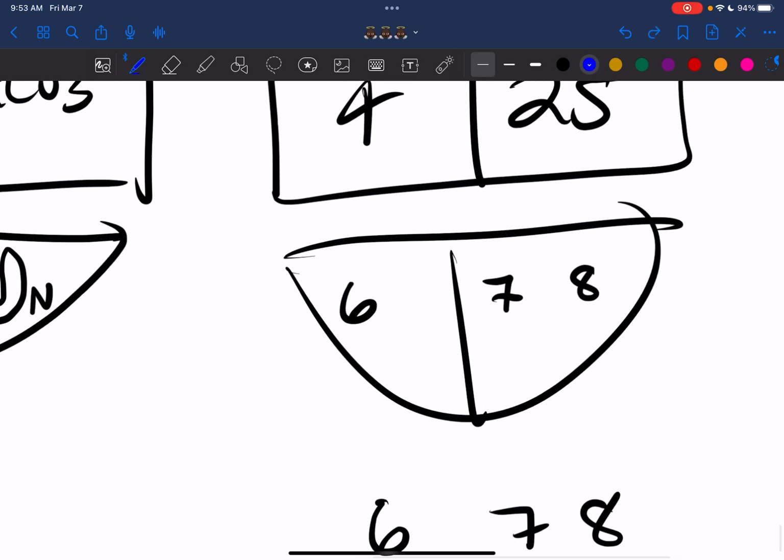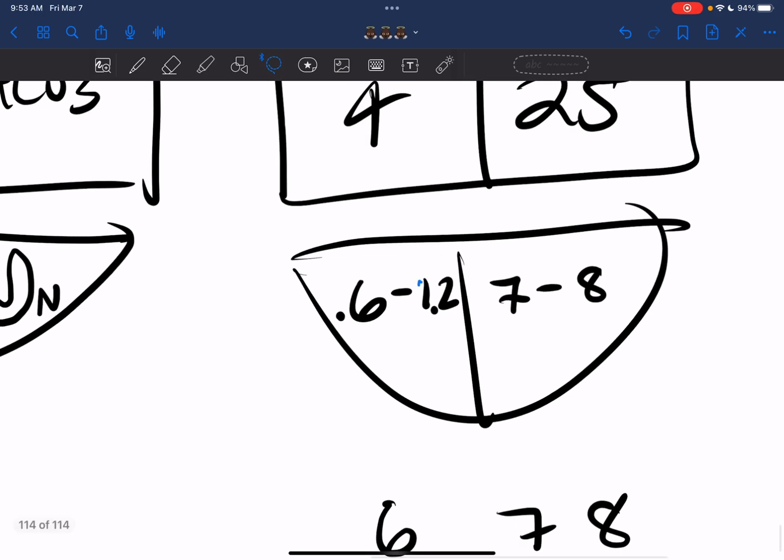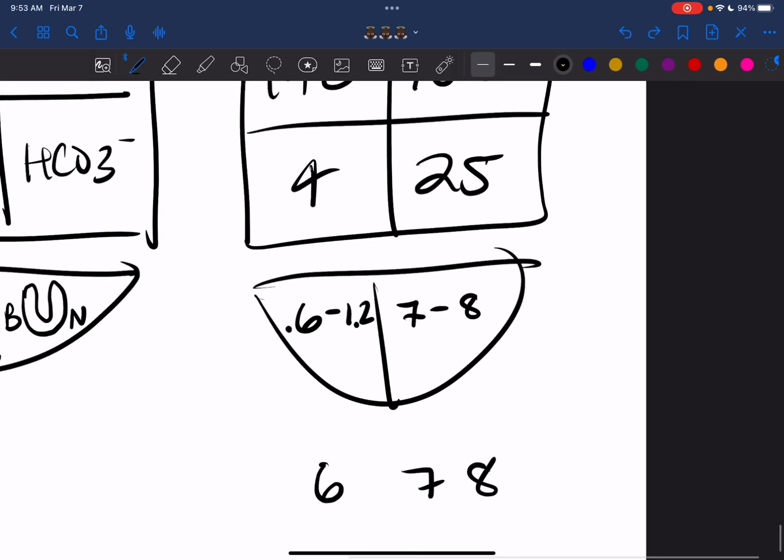In addition to that, we're going to make the small one even smaller because we're going to make it a decimal point. So for the 6 side, it's going to be 6 to 12. This one's going to be 7 to 8. Because when you double 6, it's 12, right? But instead of it being 6 to 12, it's actually going to be 0.6 to 1.2, right? So we made it smaller with that decimal.